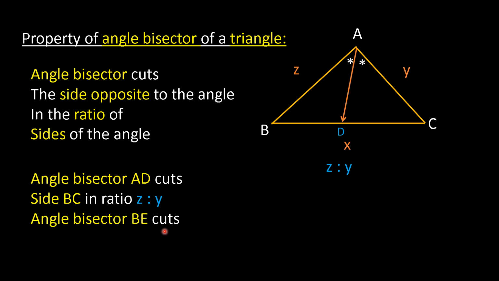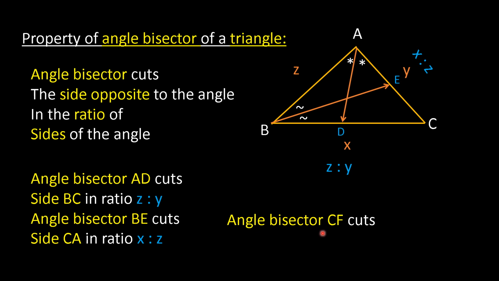Angle bisector BE cuts side CA, which is opposite to angle B, in the ratio X as to Z, where X is side BC, Z is side BA.